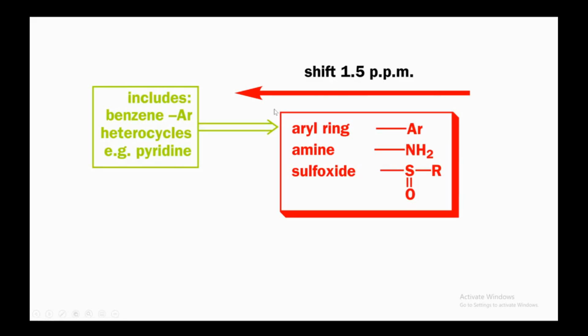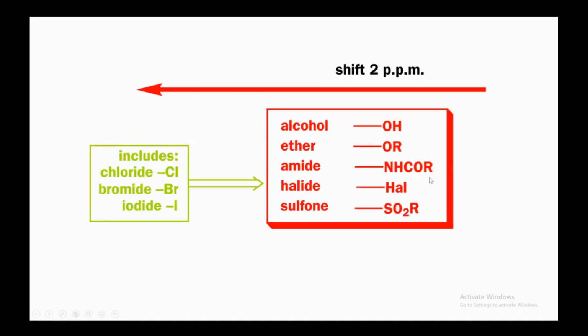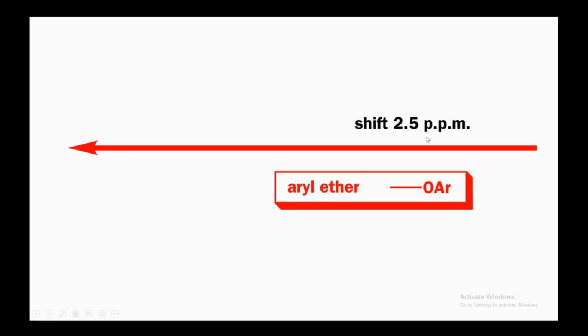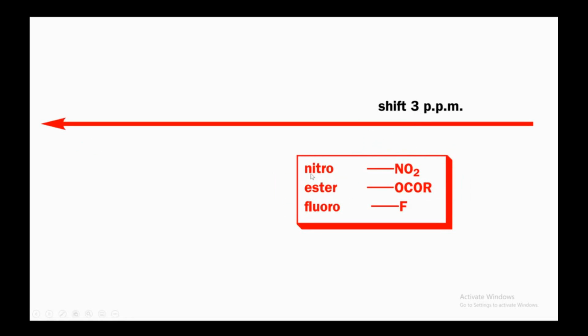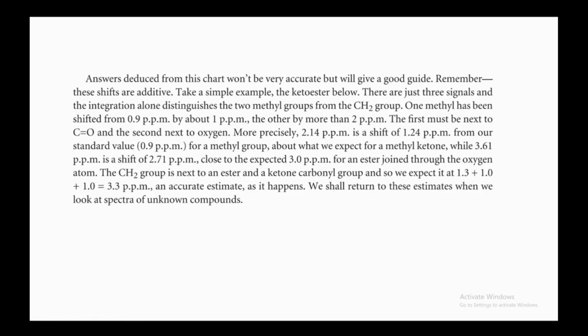A shift of 1.5 includes benzene or heterocyclic pyridines, aryl ring, amine NH2, sulfoxide, and a shift of 2 ppm when it is attached with OH group, OR group, amide group, halide group or sulfone, and a shift of 2.5 ppm if it is aryl ether, a shift of 3 ppm if it is attached with nitro, ester or fluoro. Answers deduced from this chart wouldn't be very accurate but will give a good guide.